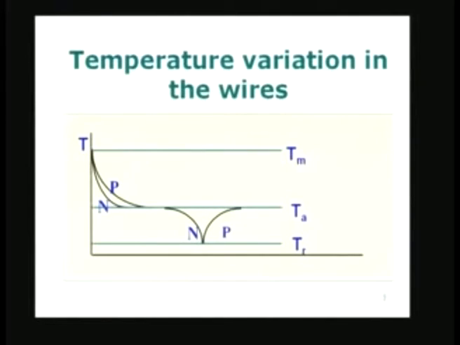We had a junction temperature of T a. So, I have shown these temperature levels. This is the temperature axis. This line corresponds to T m, the intermediate line corresponds to the temperature T a, and the reference temperature corresponds to T r.